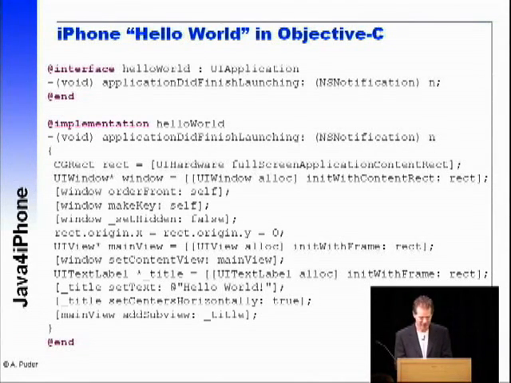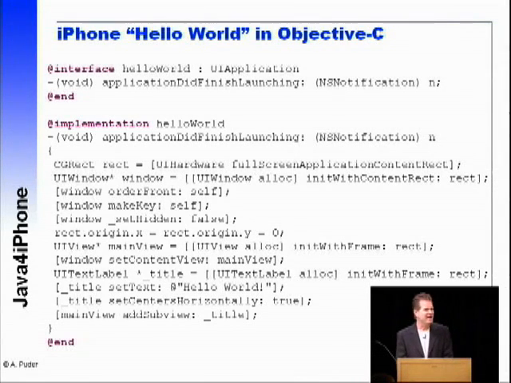Now, in the implementation, you see what the application is doing here. In the first line, you use class UIHardware to retrieve the full screen coordinates of the iPhone. That gives you something called a CGRect that gives you the full screen resolution of the iPhone.